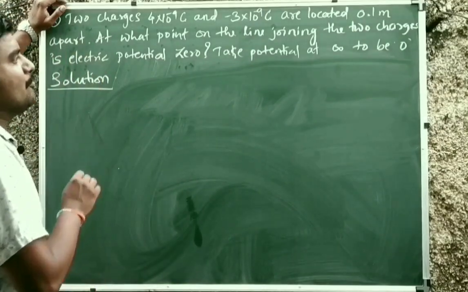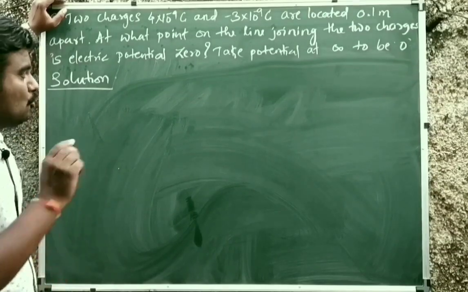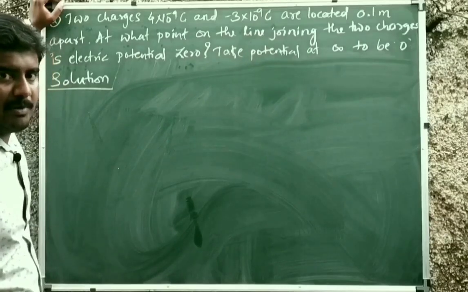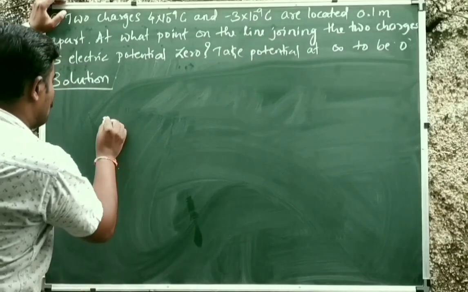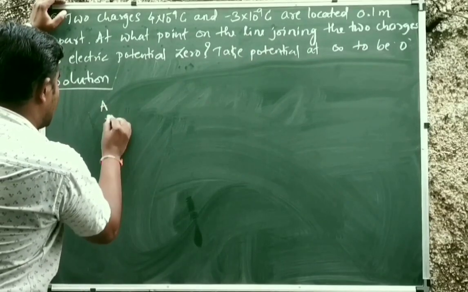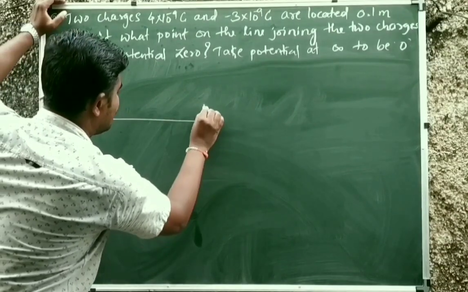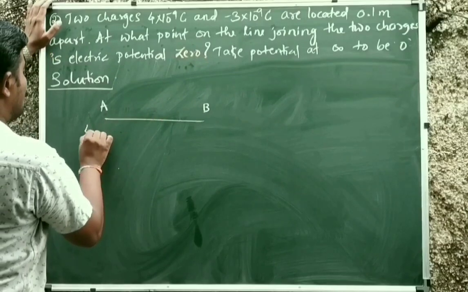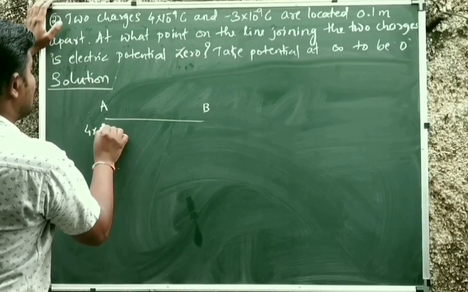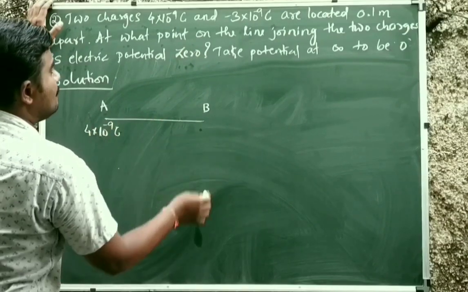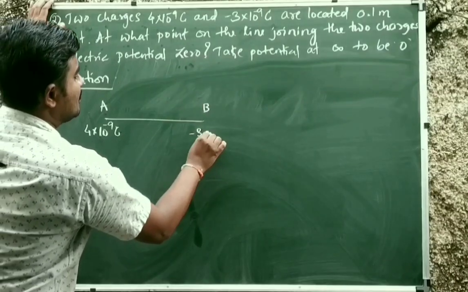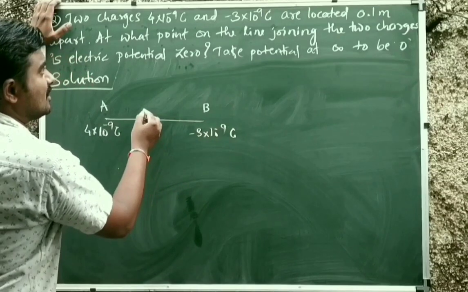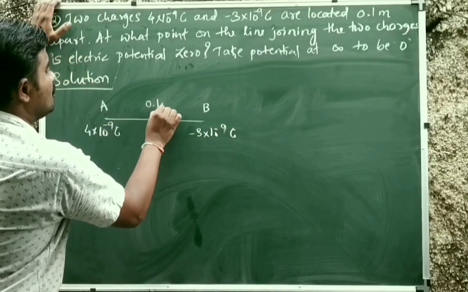So in this numerical, they have given two charges, and those two charges are separated by 0.1 meter distance. Let us consider a charge A and another charge B. A charge is 4 into 10 to the power minus 9 coulomb, and B charge is minus 3 into 10 to the power minus 9 coulomb, separated by a distance of 0.1 meter.